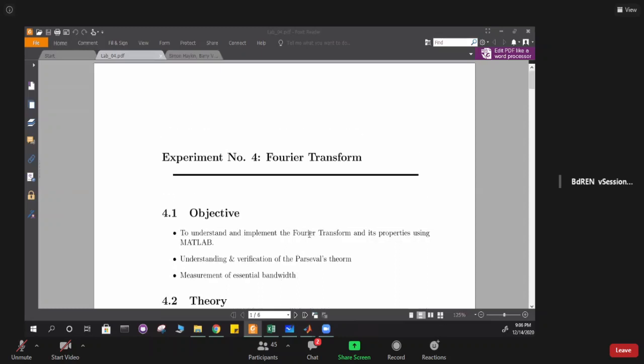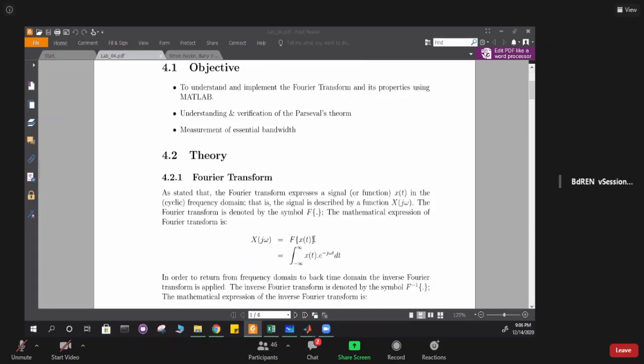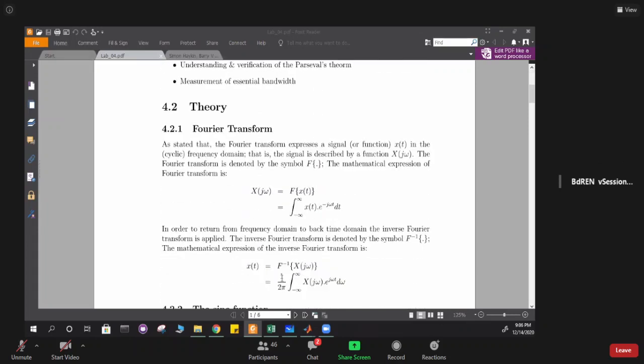So if I start from the beginning, the Fourier transform is basically for continuous time non-periodic signals. If we want to represent a time domain signal in the frequency domain, and that signal is a continuous time non-periodic signal, then we use this Fourier transform. By this time, I hope that you have seen these two equations.